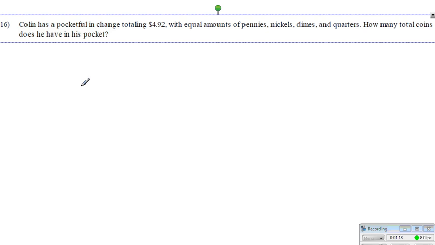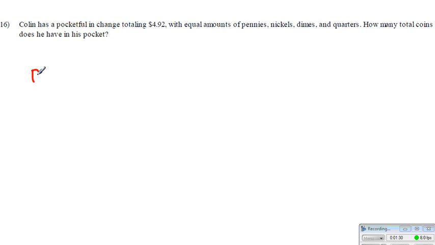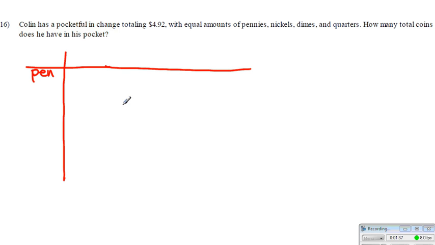Now here, number 16, Colin has a pocket full of change, total this much, with equal amount of pennies, nickels, dimes, and quarters. Now, in this case, we are looking at pennies, and then we have nickels, and then dimes, and then quarters.